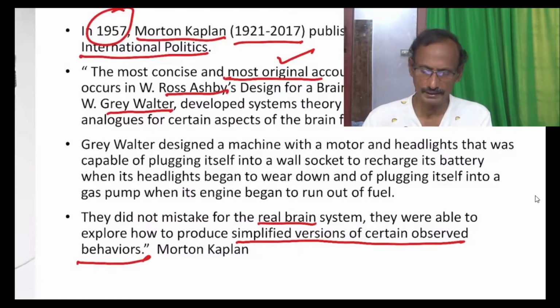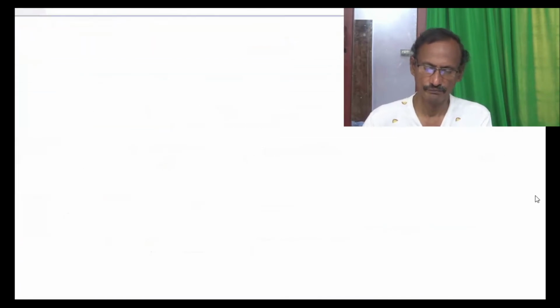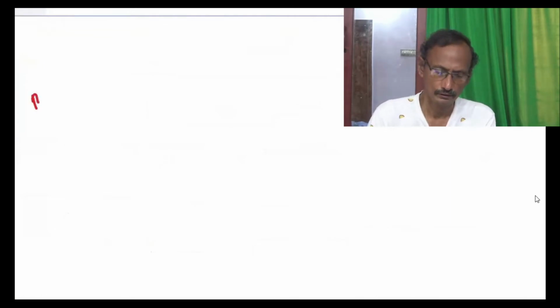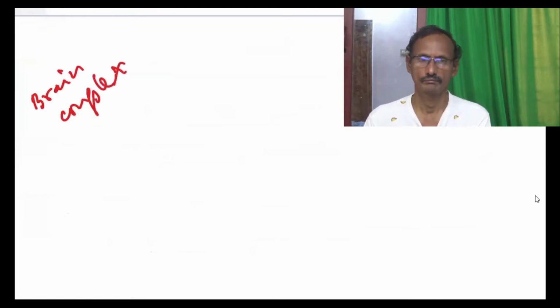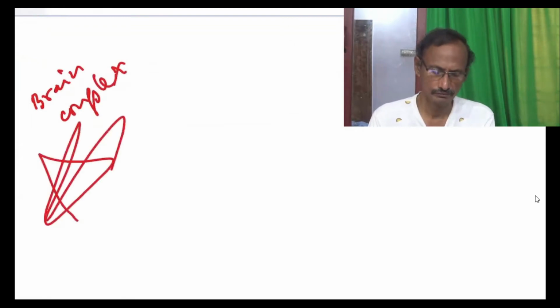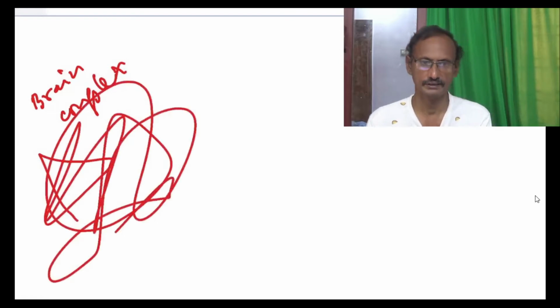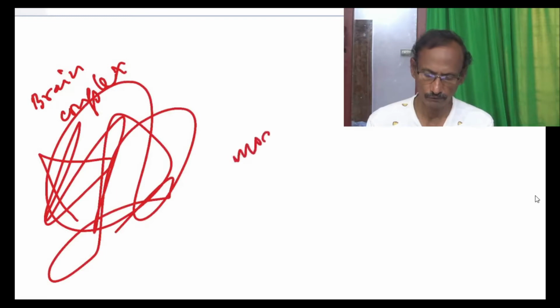So Kaplan's point is, there is a brain, very complex, all kinds of connections like this. But create a model.